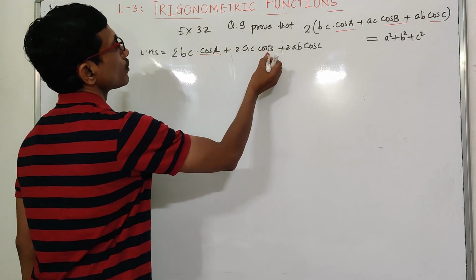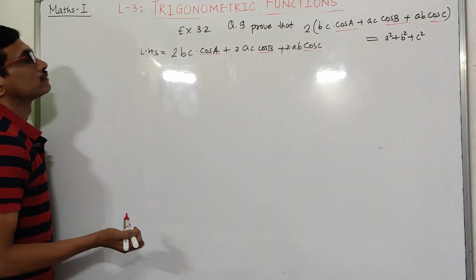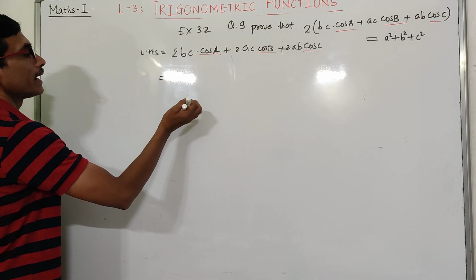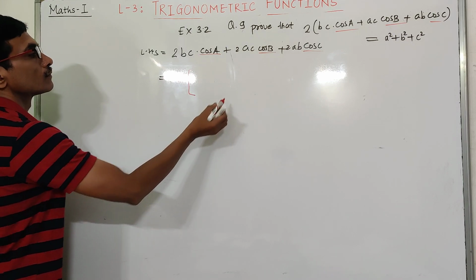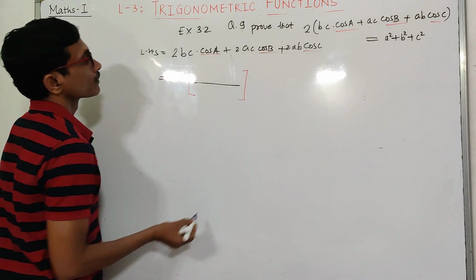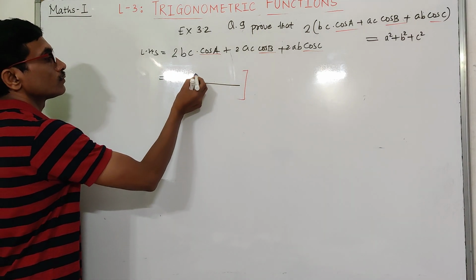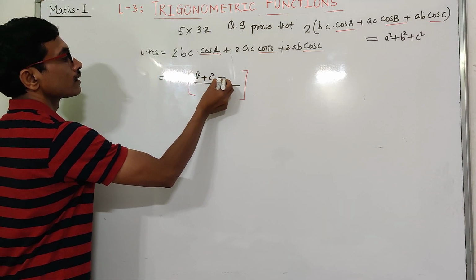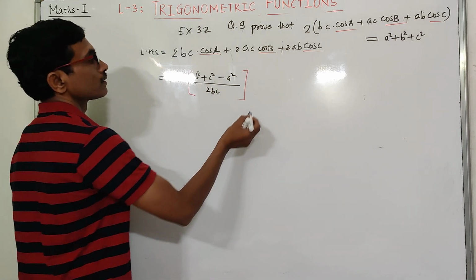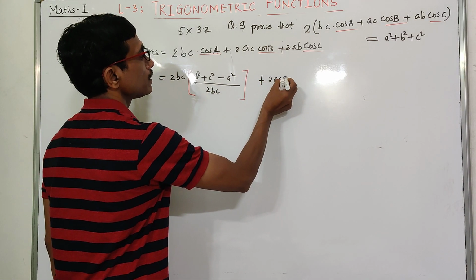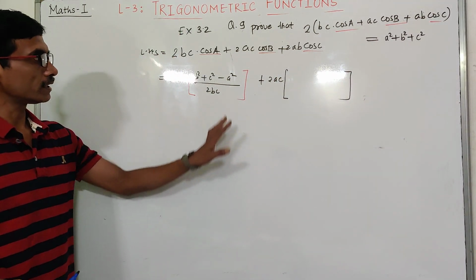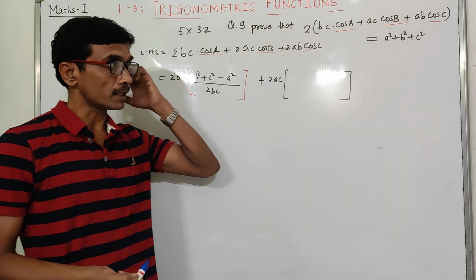Use the cosine rule over here. 2bc, and we use the cosine rule. Cos A is equal to b square plus c square minus a square upon 2bc. 2ac into cos B, very simple, just apply the cosine rule.